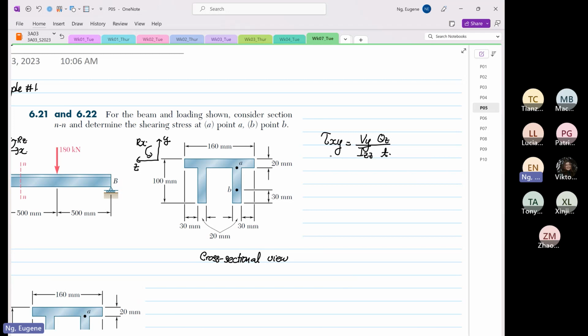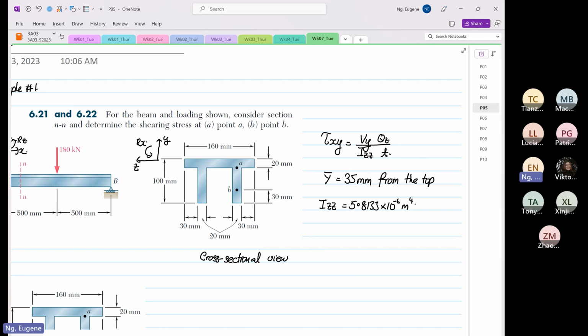So this is given: the Y bar is 35 millimeters from the top, and the IZZ is equal to 5.8133 times 10 to the power minus 6 meter 4. Okay. So we know what our IZZ is, right?